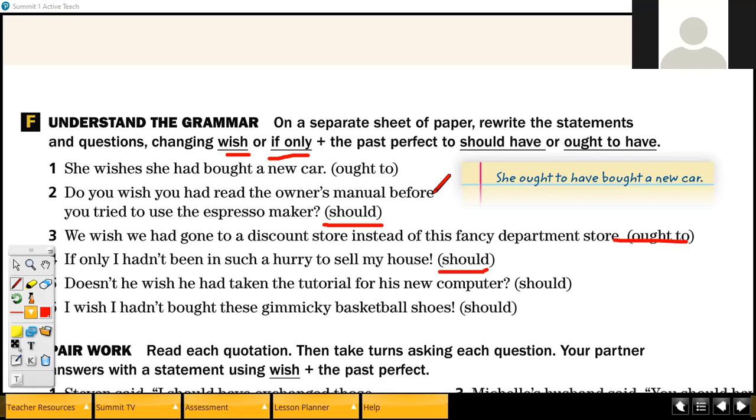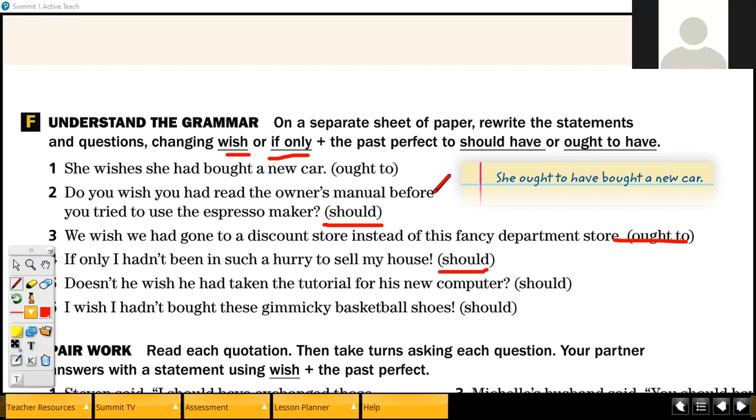Okay, so number two is should you have read the owner's manual before you try? Should you have read? Read, because you are using the verb in past participle. It is read.